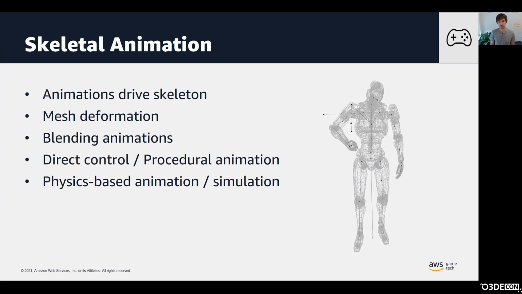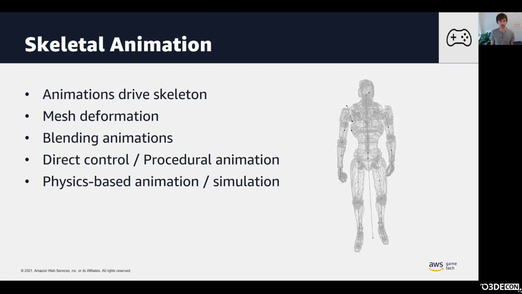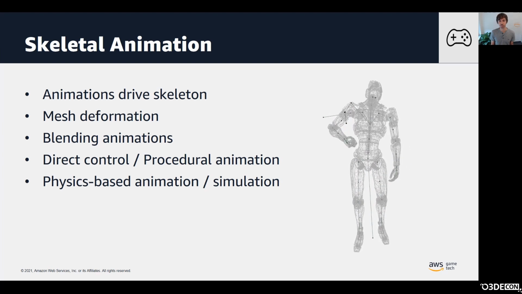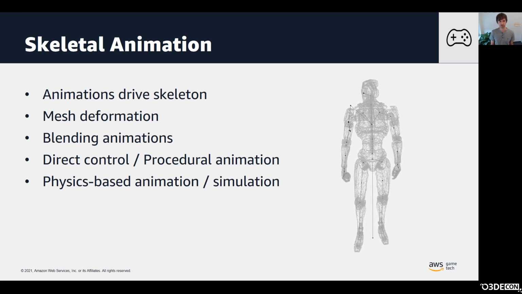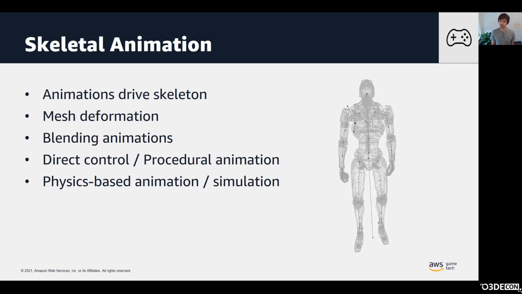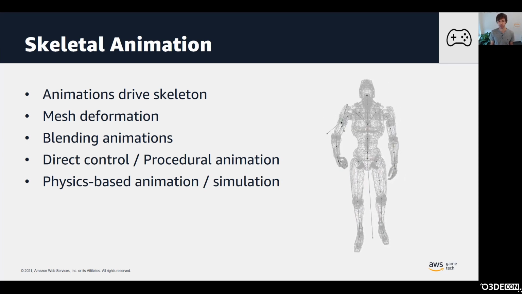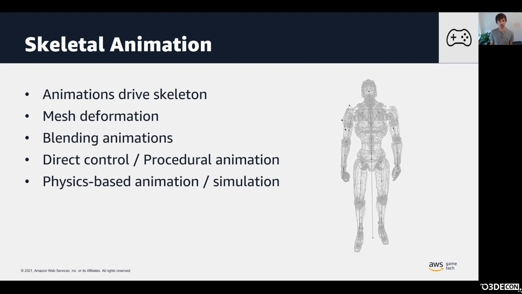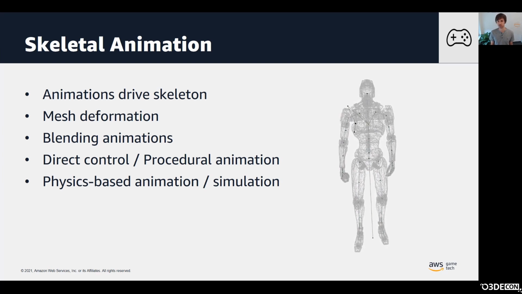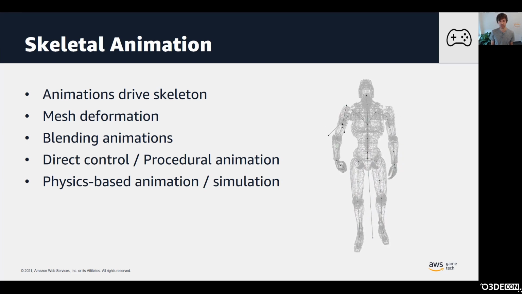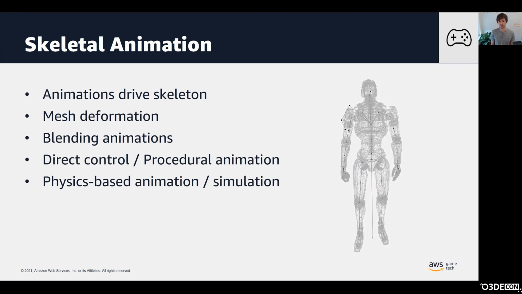Other than playing animations and blending between them, there are some other techniques like procedural animation or physics-based animation that help breathe life into our characters. We can directly control the joints or use some kinds of procedural animations to, for example, automatically make our character look at a given spot or place the hands or feet of the character using inverse kinematics based on the environment or some context.